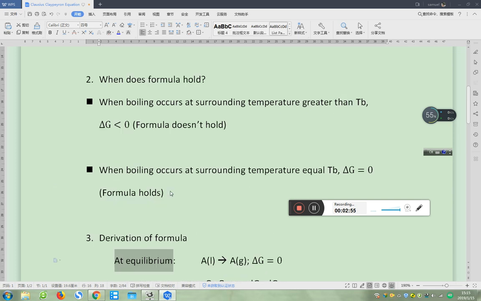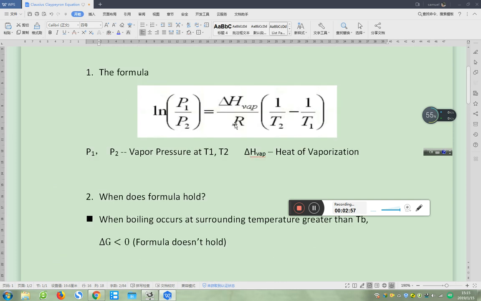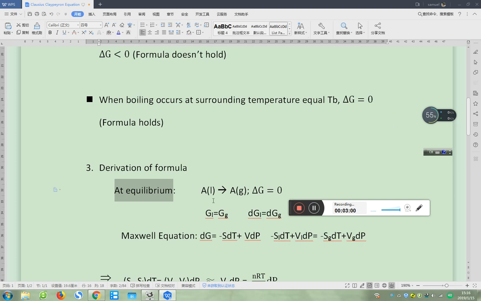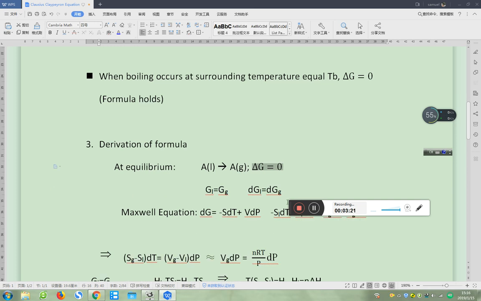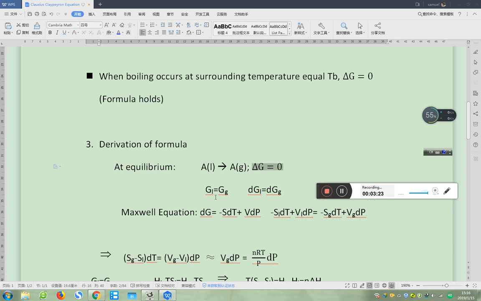That's when the equation holds. During the equilibrium, the Gibbs free energy change of the process is zero, which means the Gibbs free energy of the liquid equals that of the gas. If we take the differential of this expression, we get dG of the liquid equals dG of the gas.